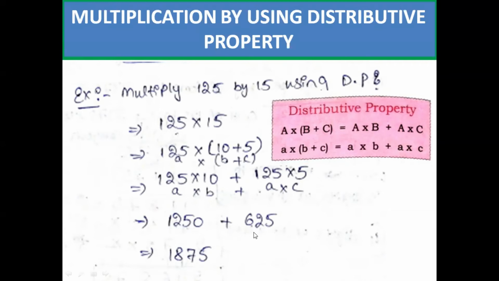We have to add these two. So we'll get the product 1875 by using distributive property.